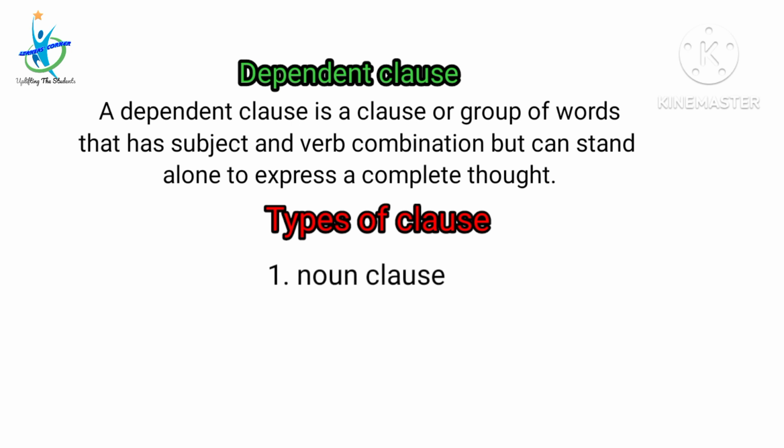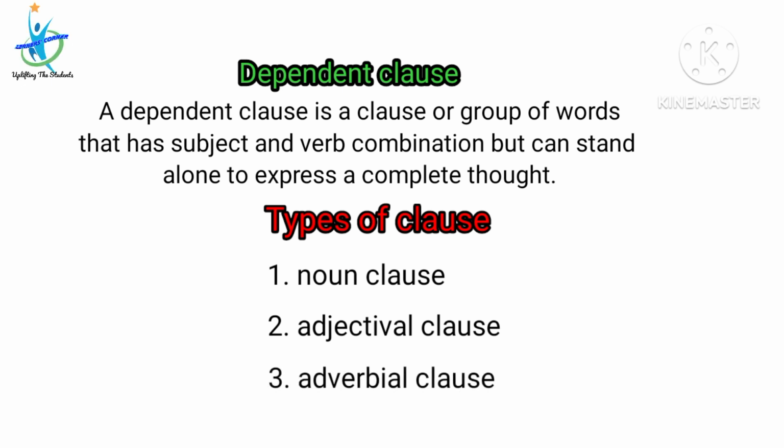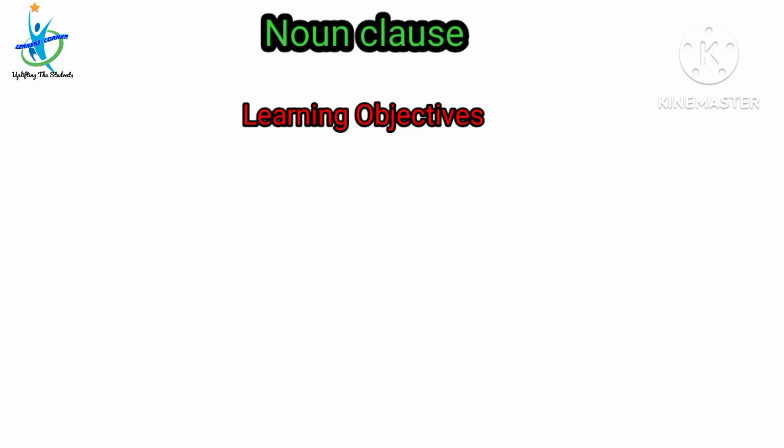Noun clause, 2. Adjectival clause, 3. Adverbial clause. In this video today, we are going to study the noun clause as one of the three types of dependent clause. But before we get started, let's look at the learning objectives.